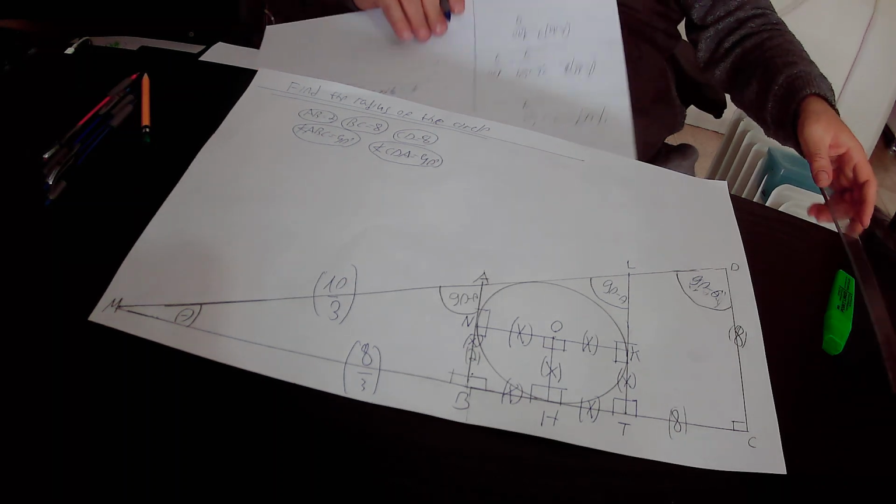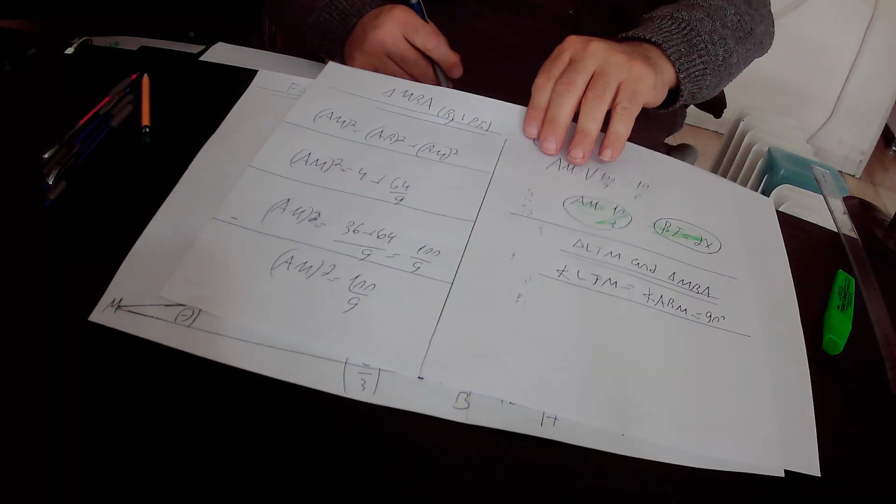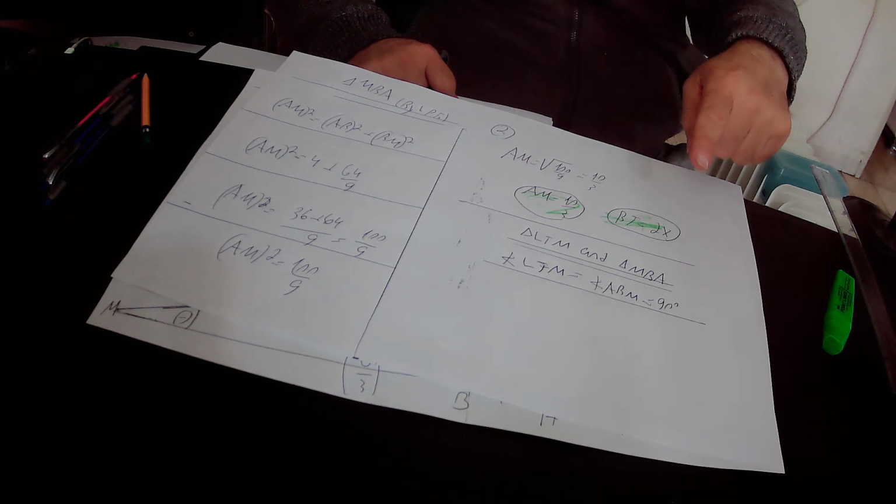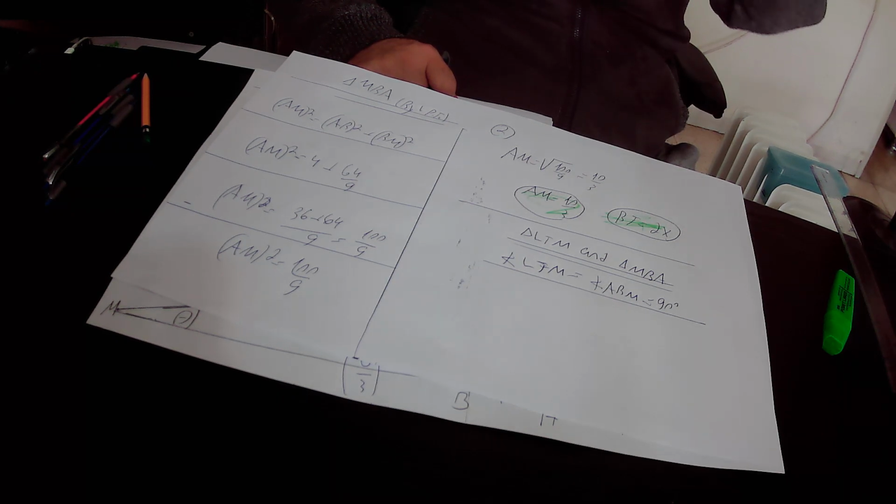Repeat again. Angle LTM equals angle ABM. They are both equal to 90 degrees, therefore they are equal to each other.